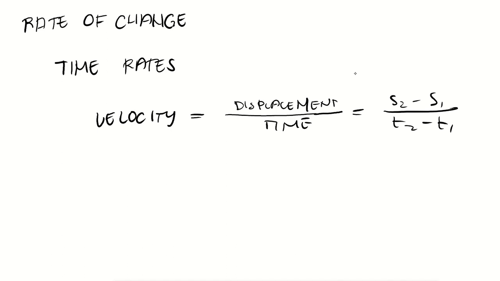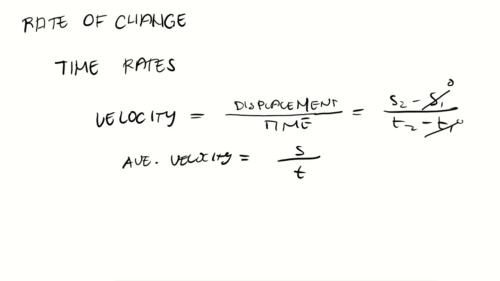But most of the time, we make our initial displacement zero, and our time starts at zero. So the average velocity is just equal to the displacement divided by the time.